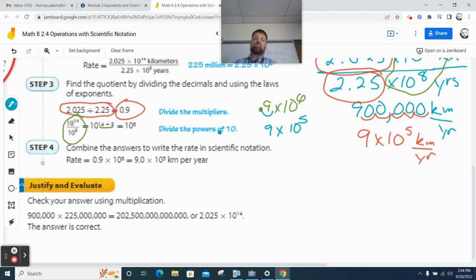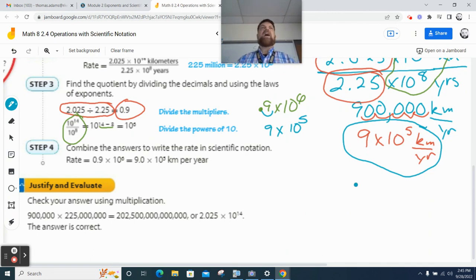Then you could work backwards to double check your work. Now, we had some really big numbers, but doesn't this look so much easier to work with? These are the types of calculations that physicists, people that work at NASA, actually do.